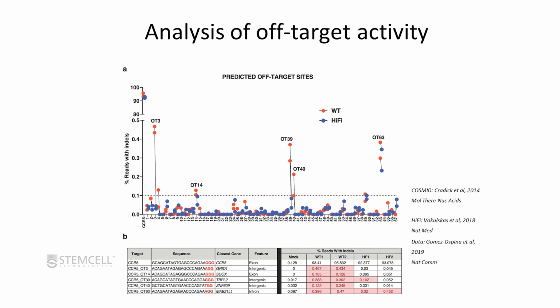It predicted 67 sites, and then you go and sequence them deeply to see if there are modifications in those sites. When we use a standard Cas9, which is shown here, the wild type, we see 4 sites that have off-target activity, meaning they're above the limit of detection for next-generation sequencing, which is 0.1.